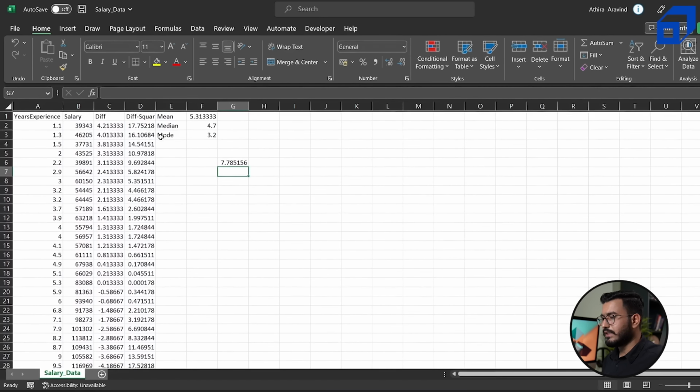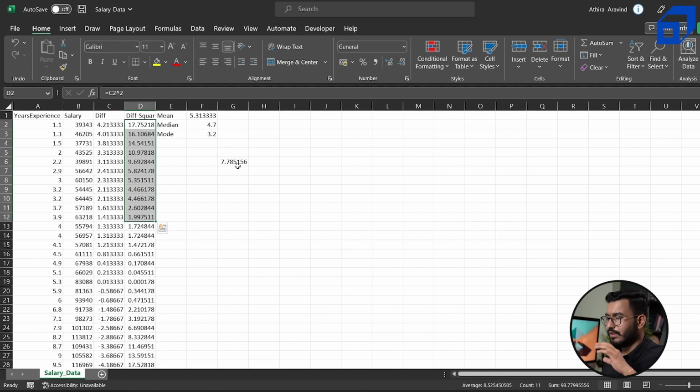And here the average is 7.7, which basically means, now this is something which is wrong, because remember we have taken the average of squared values. So this is also a square value. How can we get an actual answer to understand how much a particular data point on an average is above or below the central point?